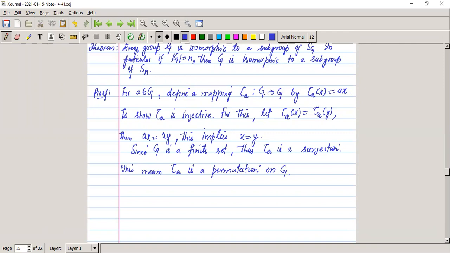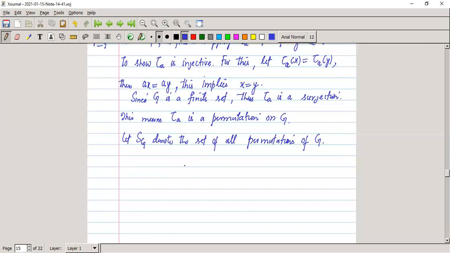So for every element of G, the mapping tau_a defines a permutation on G. So when G has n elements, there are n permutations that can be defined for the different elements of G. Now let S_G denote the set of all permutations of G. Since G has n elements, this can be written as S_n.